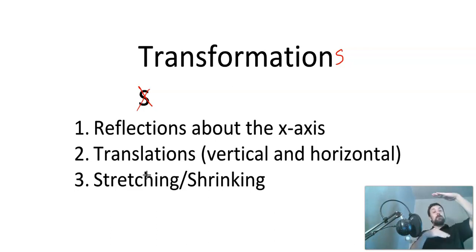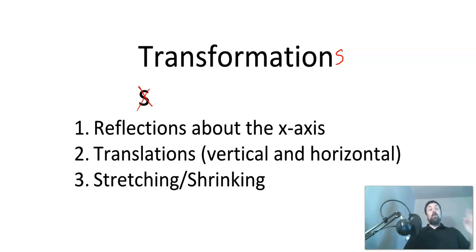We're just going to be stretching or shrinking the graph only in the vertical direction, so it will be distorted. So we'll be taking a parabola shape like this, and if we shrink it vertically, it'll flatten out. It'll be more broad. If we stretch it vertically, it'll look more narrow. And so it's going to distort the image, but the shape will still be the same shape. It'll still be a parabola. It'll just be like a distorted parabola. It'll either be flattened or stretched out.